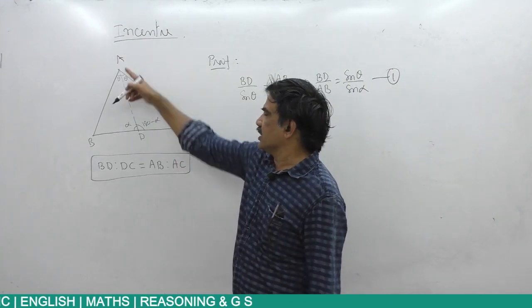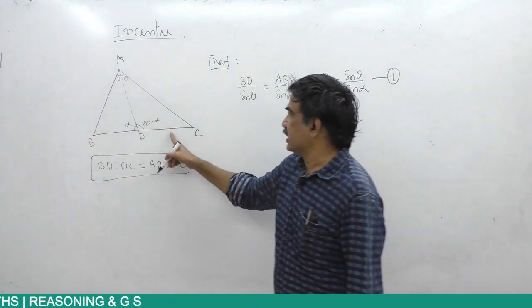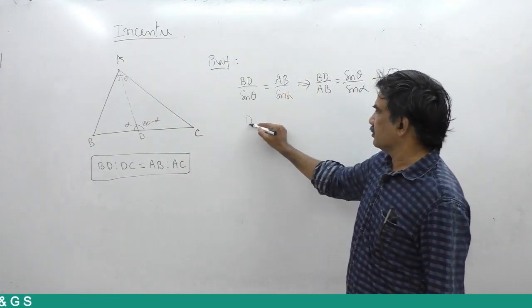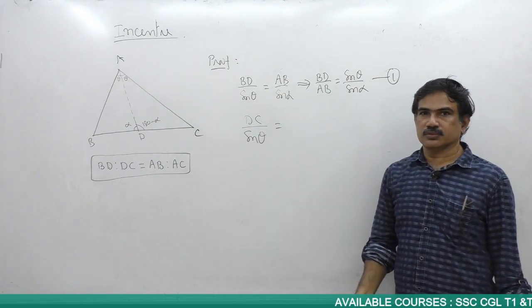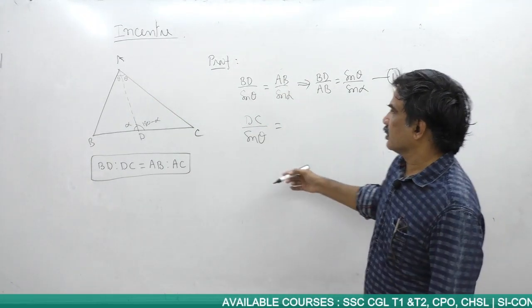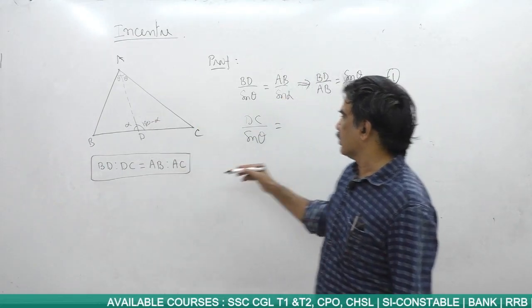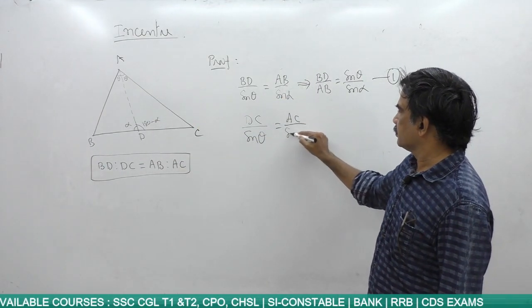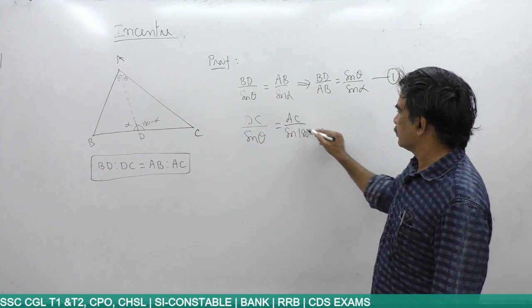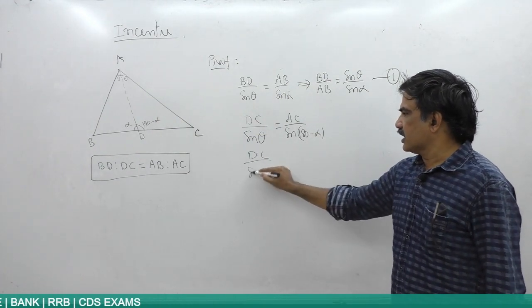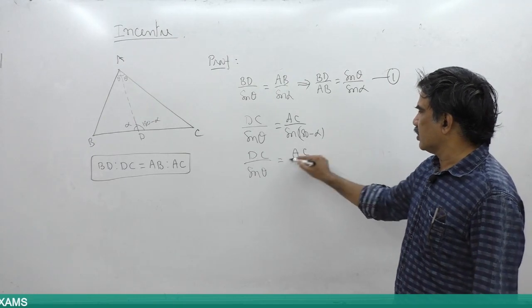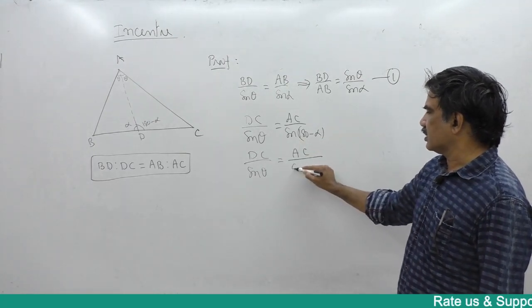In this triangle ADC, DC by sine theta is equal to AC by sine 180 minus alpha, which is nothing but sine alpha.